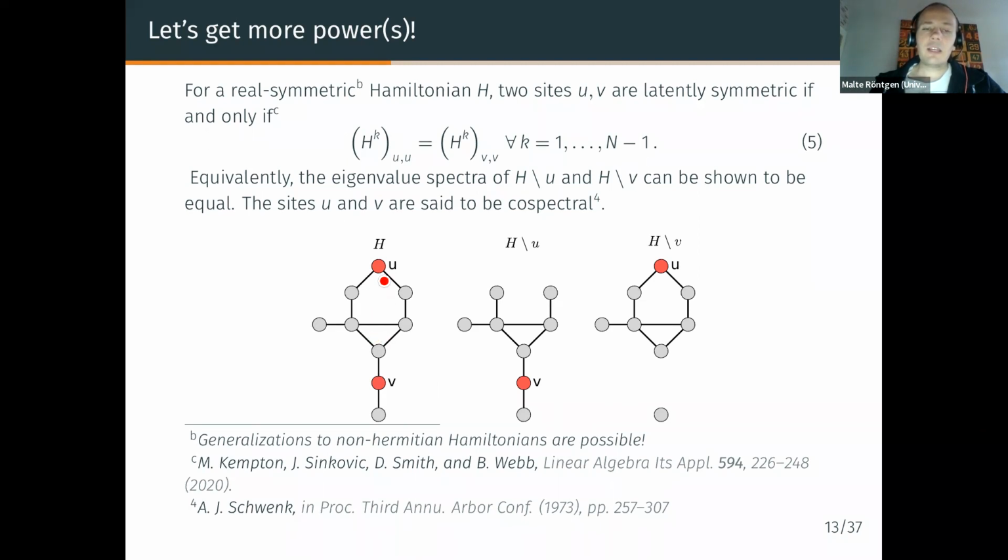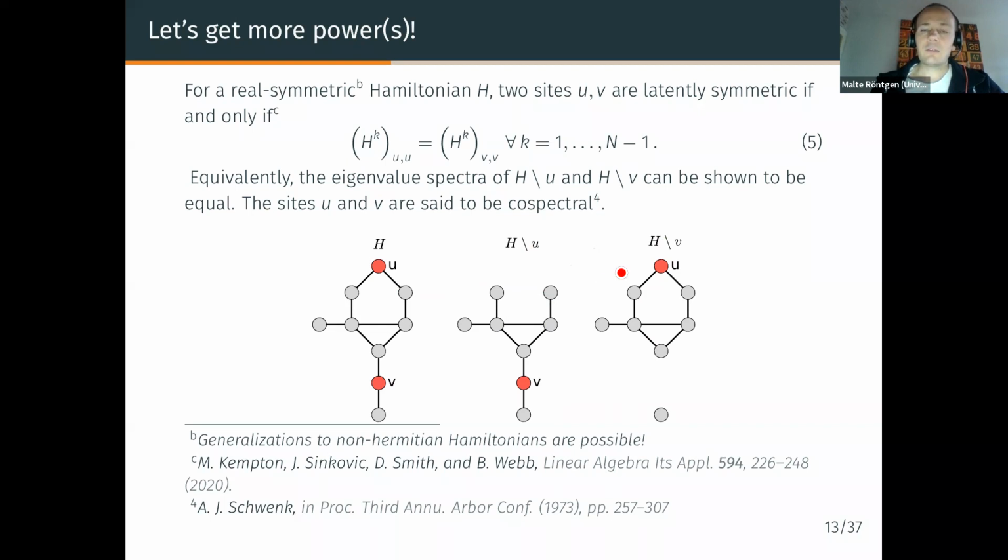And then from H, we can construct two sub-Hamiltonians. H minus U, obtained from H just by removing U, and the same for H minus V, by removing this guy. Now, these two guys, they look completely different. But now the statement, proven in graph theoretical language, is that these two very different looking systems have exactly the same eigenvalue spectrum.